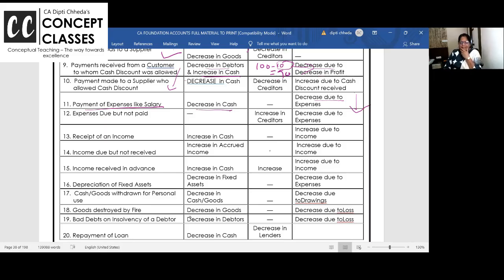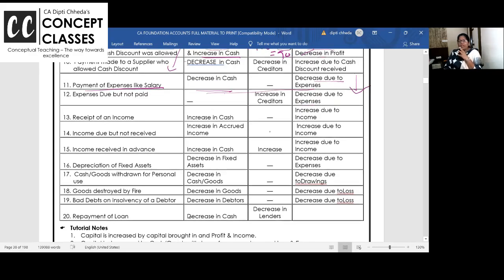I hope you all are getting. What's the journal entry of salary? Salary to cash. So, salary and expense. Expense means debit, it's a loss, capital kam ho jayega, right? And cash is also decreasing. Equation is balanced. So many entries will not come out of 20, only 4 or 5 entries will come in exam. So these are the varieties you should know.